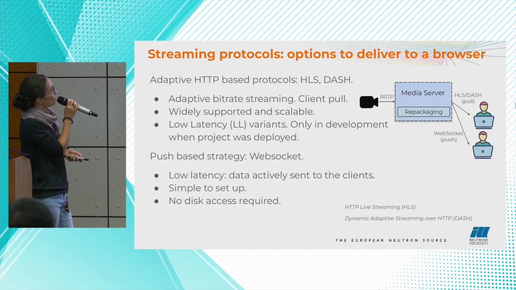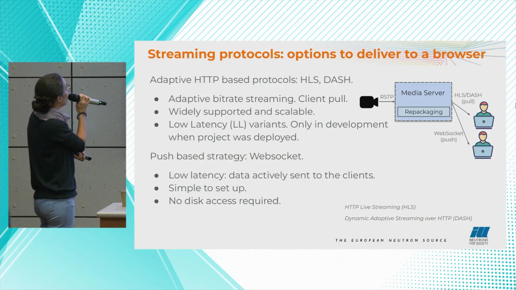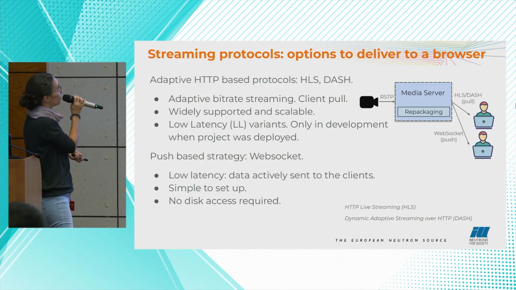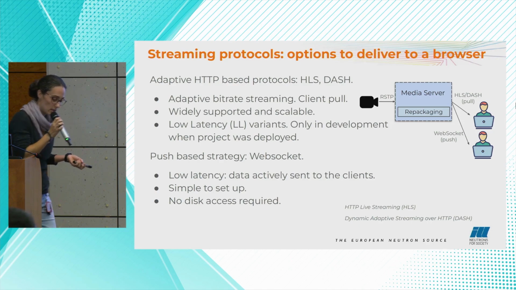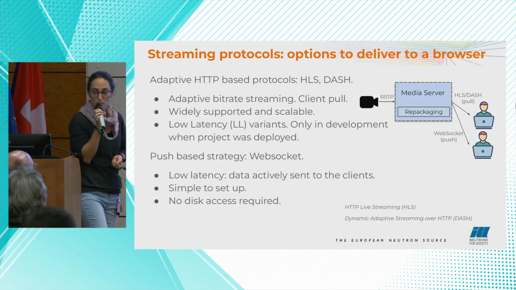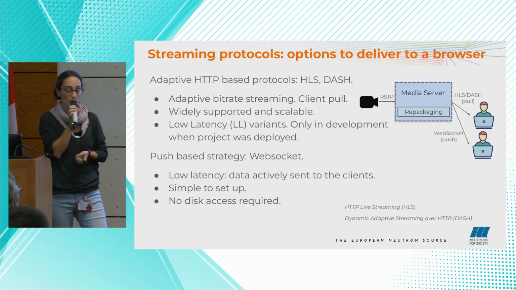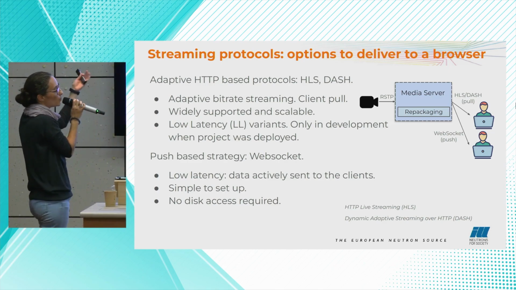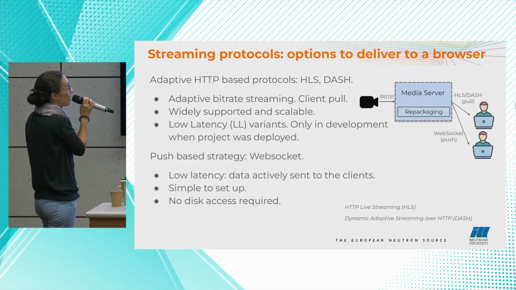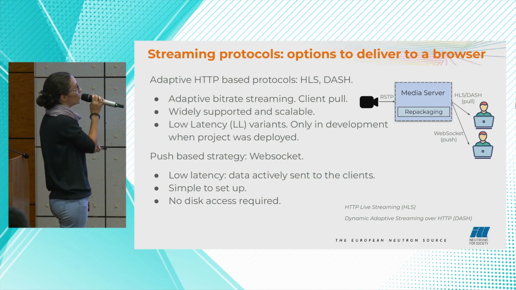So what are the options out there in terms of streaming protocols? I divide them into two categories to make it easy. On one hand, we have what we call adaptive HTTP-based protocols, which are mainly two types nowadays, called HLS and DASH. These streaming protocols provide a technology called adaptive bitrate streaming, in which the client continually downloads the data, and depending on the quality of the network, this data is downloaded at a different bitrate, hence the name adaptive.